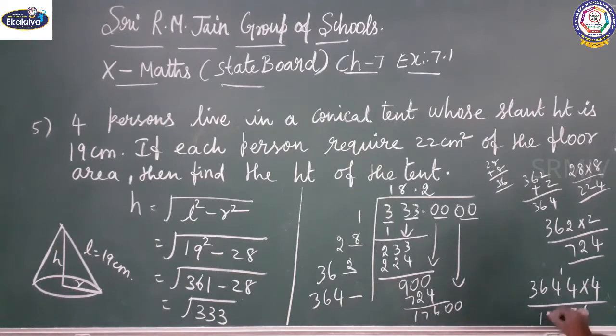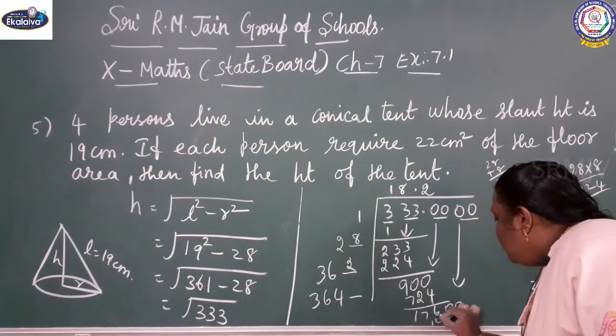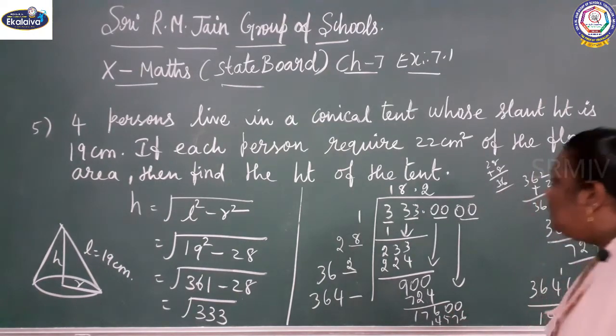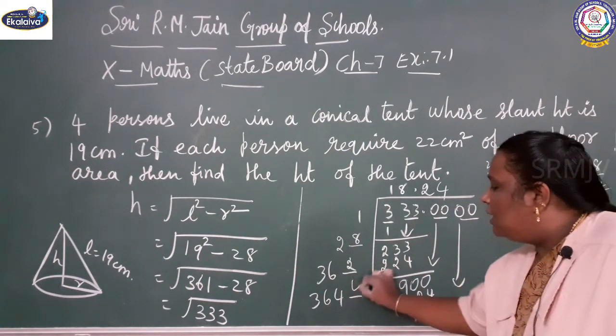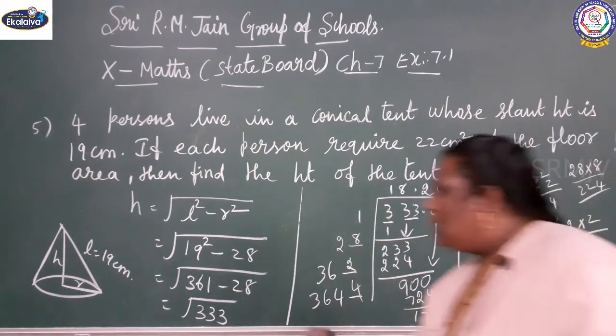Then 14,576. So you can put 4 here. So what is the value here?